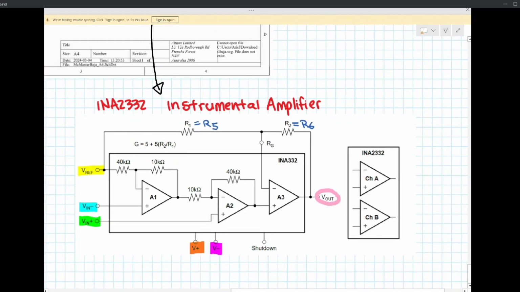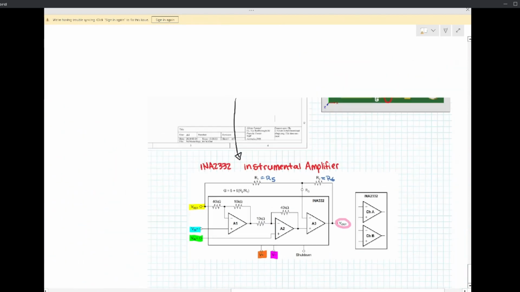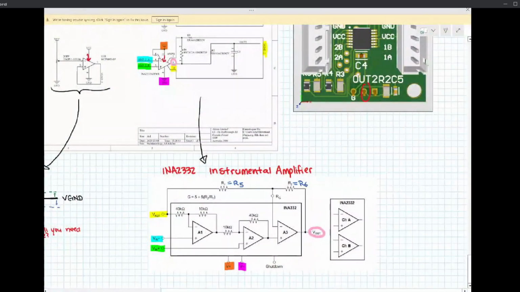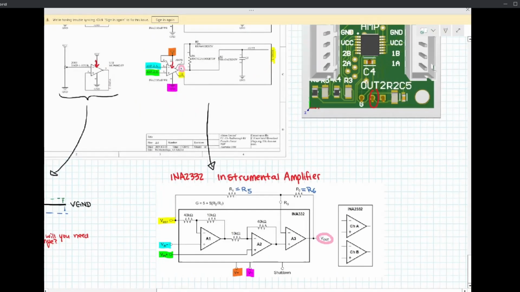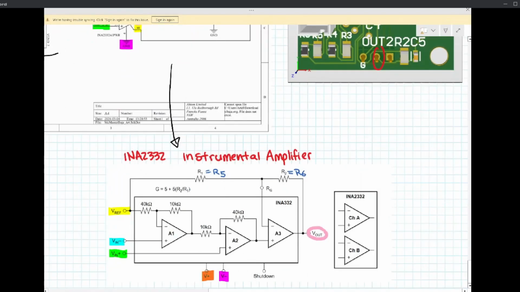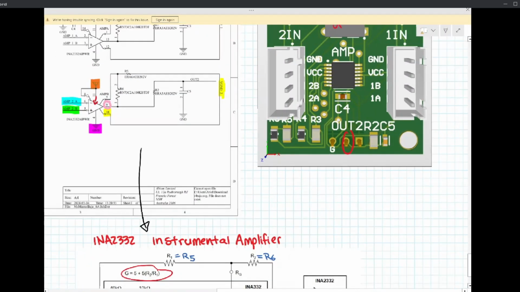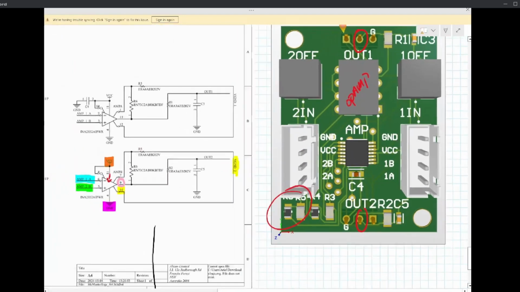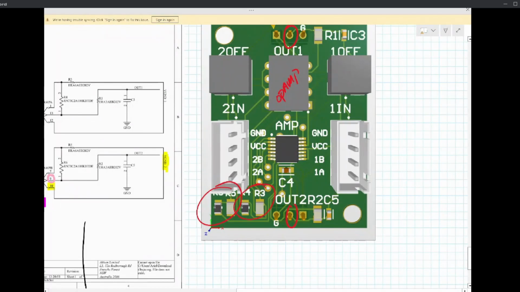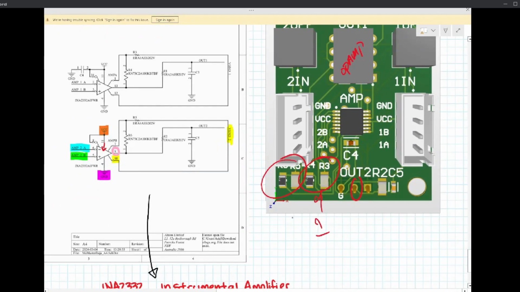That's what the instrumental amplifier does. It's sort of a translation of every component from here to here. The main thing to note is this equation and how it relates to these two resistors, and the same thing for the other side. It relates to these two resistors for 1 and for 2.